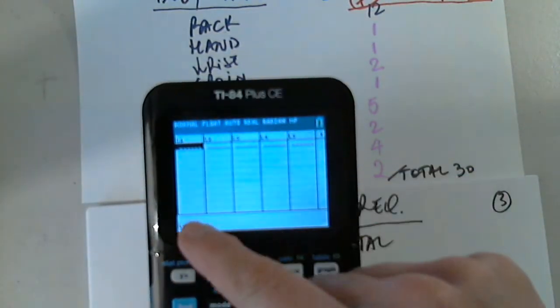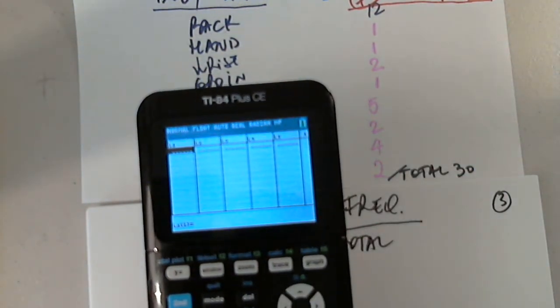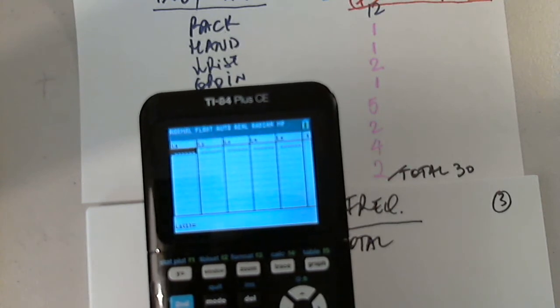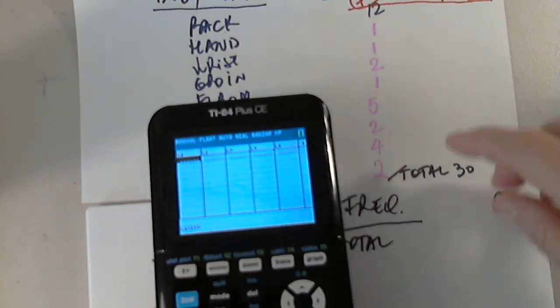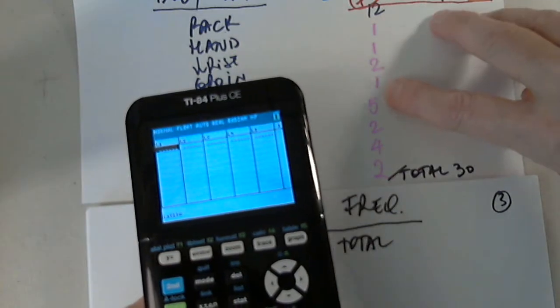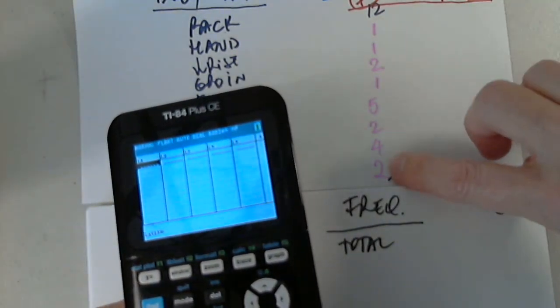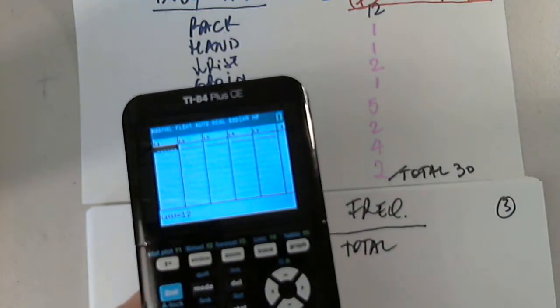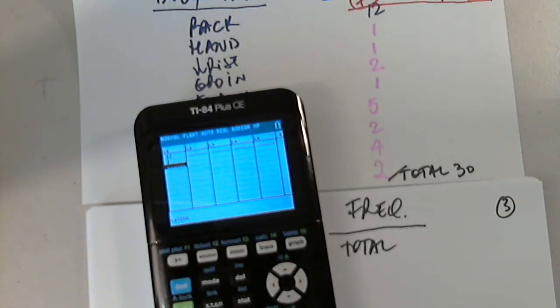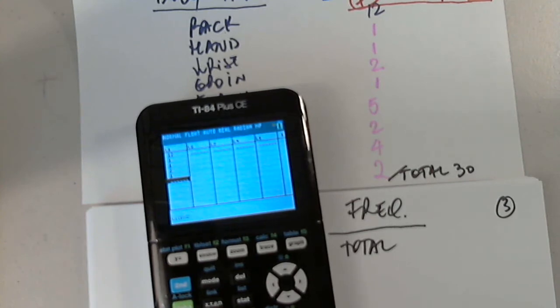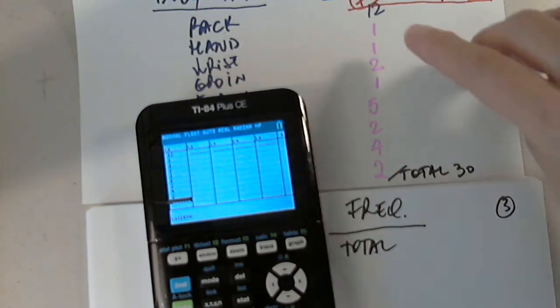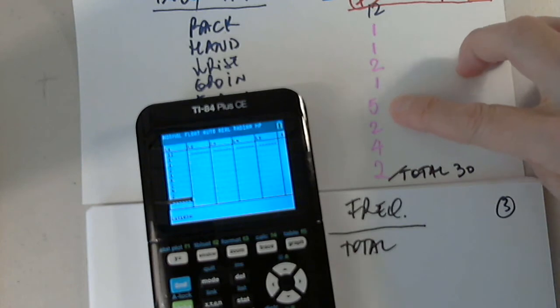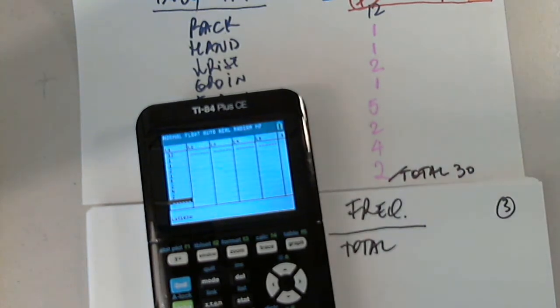So let's go back to list L1. In list L1, I would like to list these numbers. 12, the frequency, enter. 1, enter, 1, enter, 2, enter, 1, enter, 5, enter, 2, enter, 4, enter, 2, enter. I'm checking. 2, 1, yes. 5, 2, 4, 2. Perfect.